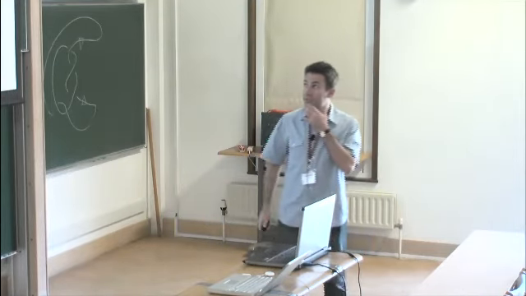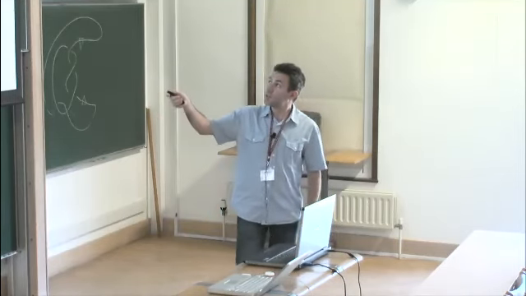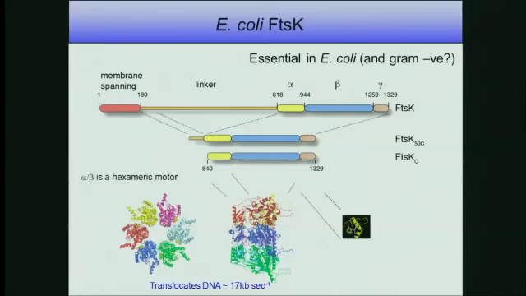So if we look at a slightly higher resolution structure of this, what we're interested in for the rest of the talk is what was the blue blob on the previous slide, and now you can further subdivide that into domains. So we've now got domains which we call alpha, beta, and gamma. And we have crystal structures of each of these domains. So shown down below is a crystal structure of alpha beta.